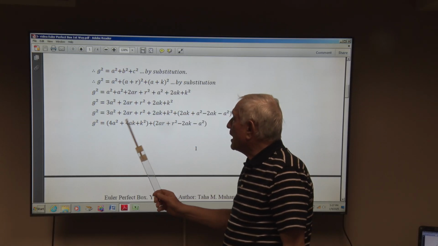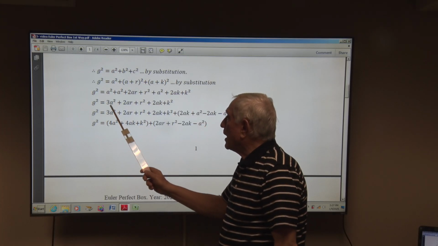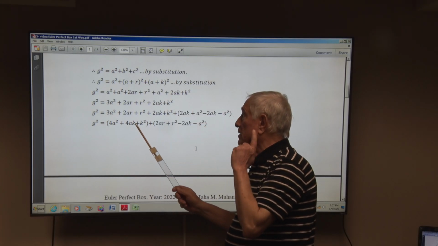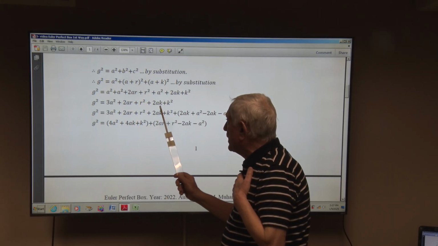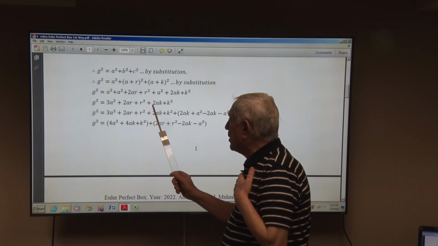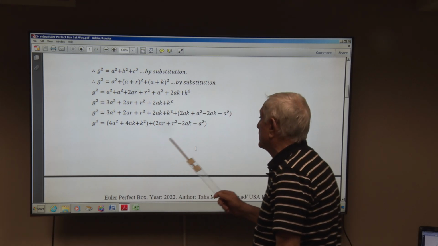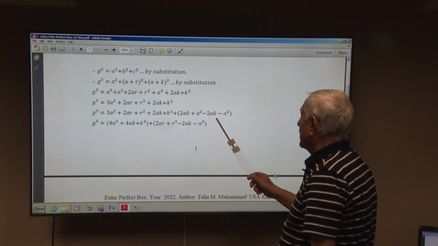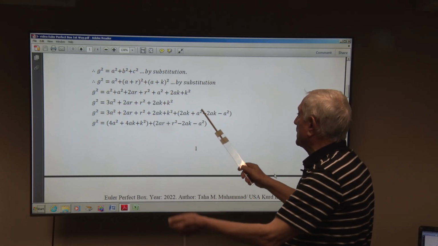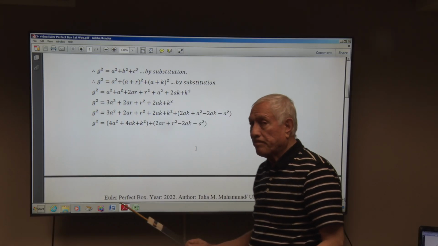But I am thinking to make this 3 into 4. How? I have to add A squared. Also, I would like to see 2AK as 4AK. How do I do that? I will add 2AK and subtract 2AK. See? I add 2AK and subtract 2AK. I added A squared and subtracted A squared. This parenthesis value is 0.